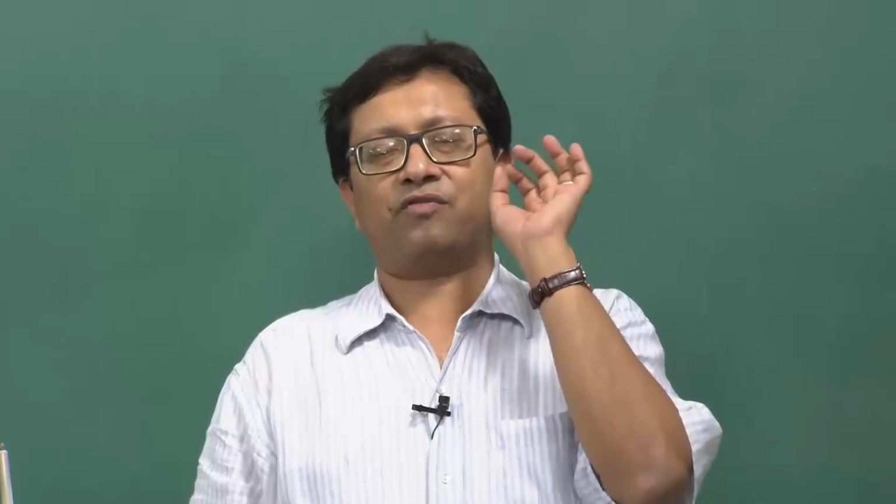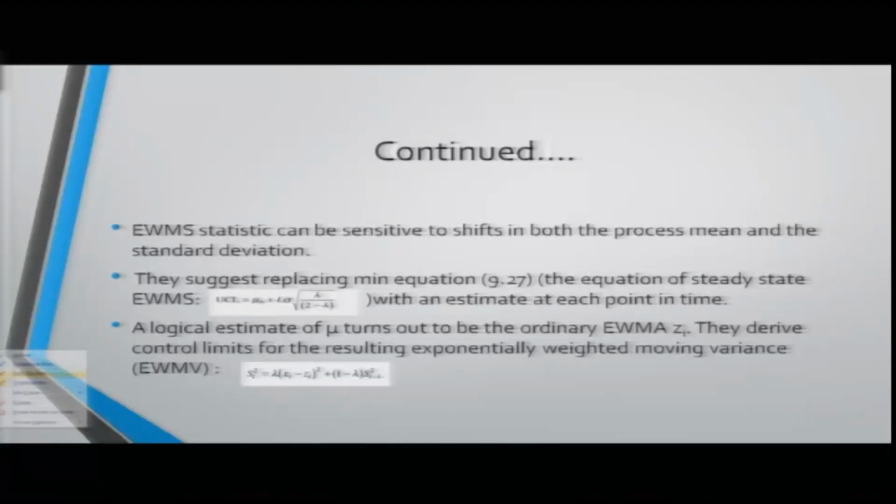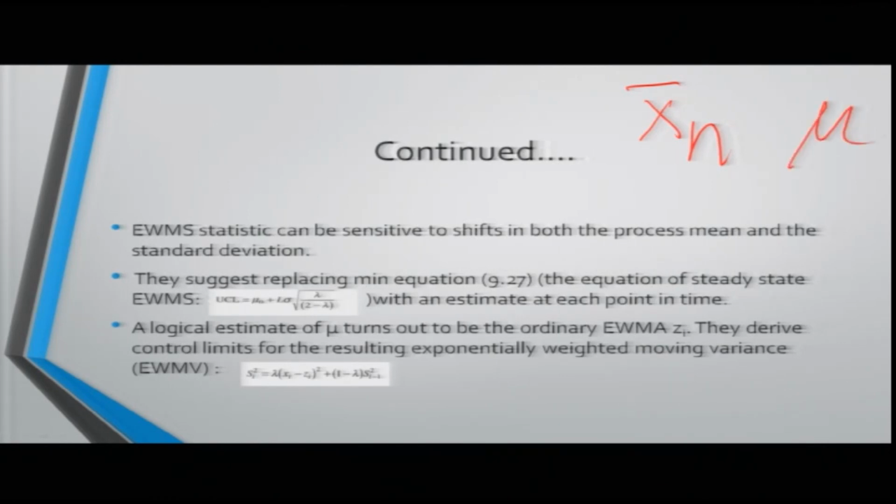Consider the variance of the population is known. If it is known, the best estimate for the population mean would basically be the sample mean, x bar n, which is the best estimate for the population mean, mu. This will be true if sigma square is known.